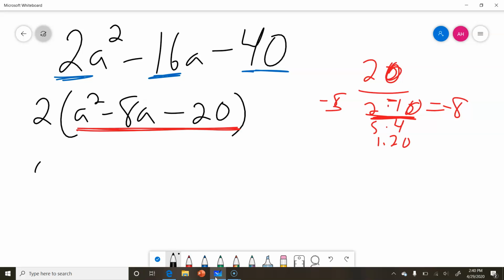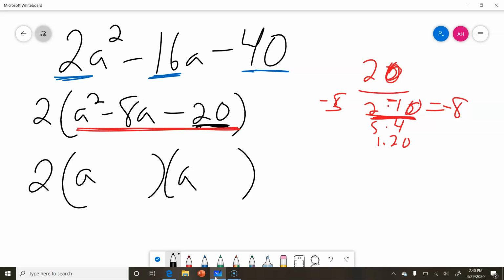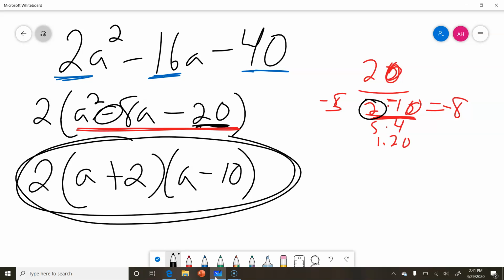So I'm going to come down here and do 2, I'm going to have a and a. And I know that the 10 needs to be negative because the overall is negative here. So negative 10, and then I'm just left with my positive 2. And there's my final answer right there: 2 times a plus 2 and a minus 10.